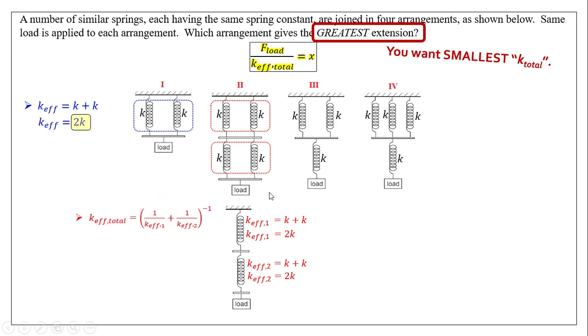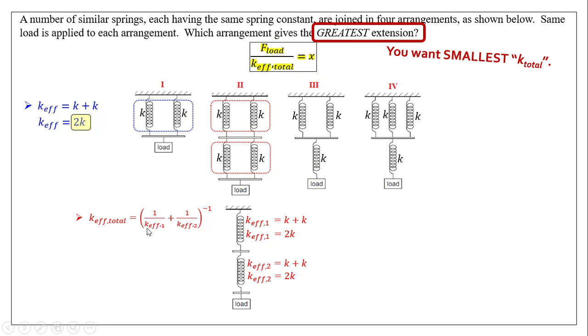So now that I know these 2 values here, I combine 2 springs into one. And then now I combine 2 springs into another one. Now I can combine both of these springs in series to get one overall answer, okay? So what I'm about to do is combine these 2 springs here because they're hooked up in series. I need to make sure I use the proper function for it. So the K effective for a series is 1 over K plus another 1 over K, whatever K is, to the negative 1.